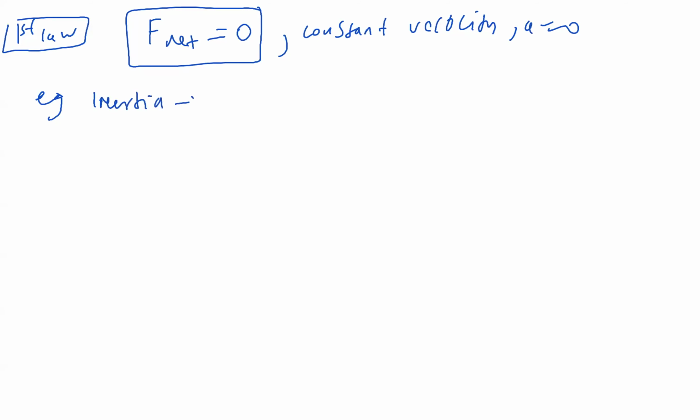Inertia is the quantitative measure of the mass of an object. It depends on mass. The greater the mass, the greater the inertia.